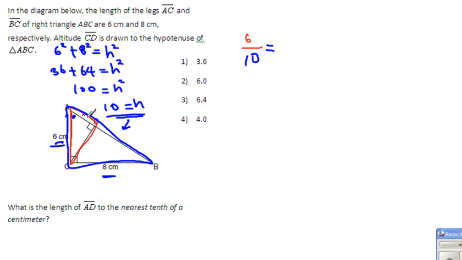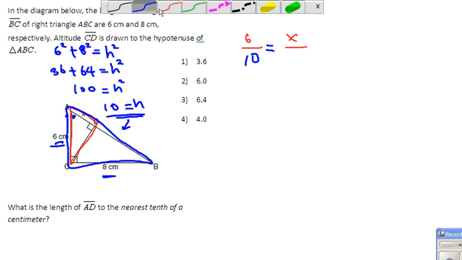Now, the next one is this x, which we are looking for. X is opposite of the unmarked angle from the red triangle. You see, this is dotted, this is right, but there's no mark here. That was x. But the corresponding side from the big blue triangle would have been opposite of the unmarked angle, right here. Opposite of that would have been 6. There we have it.